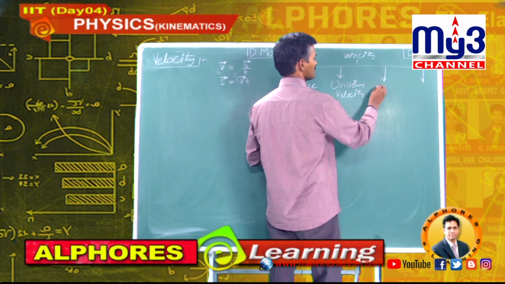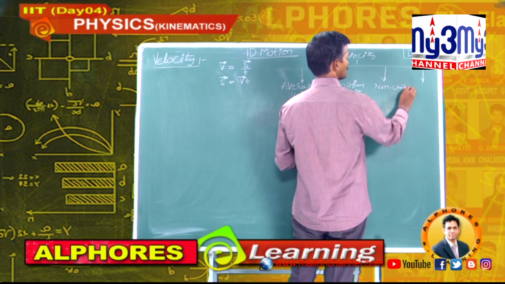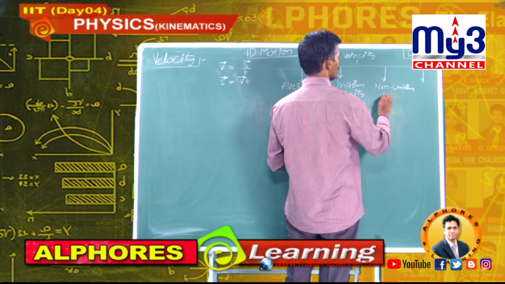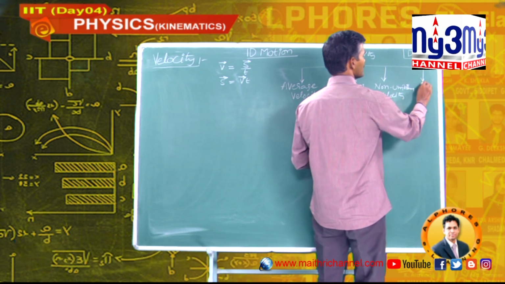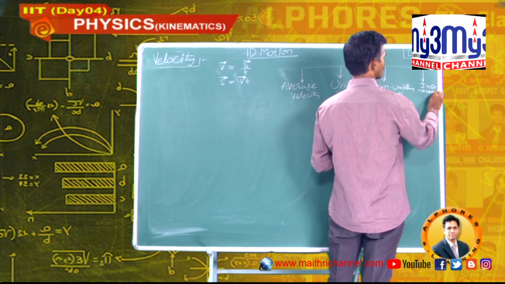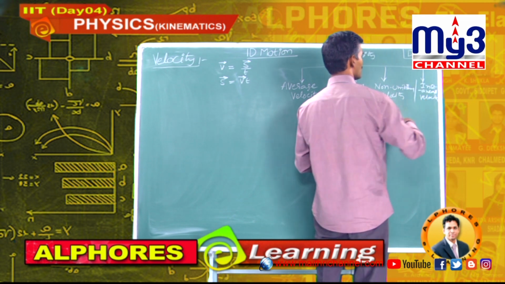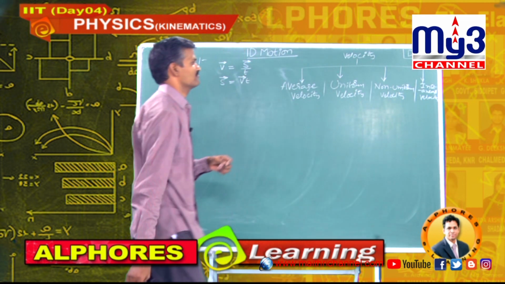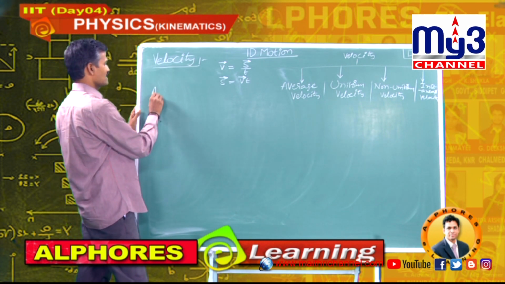Third category, non-uniform velocity. Fourth category, instantaneous velocity. So these are the 4 categories of velocities. Our first category is average velocity.